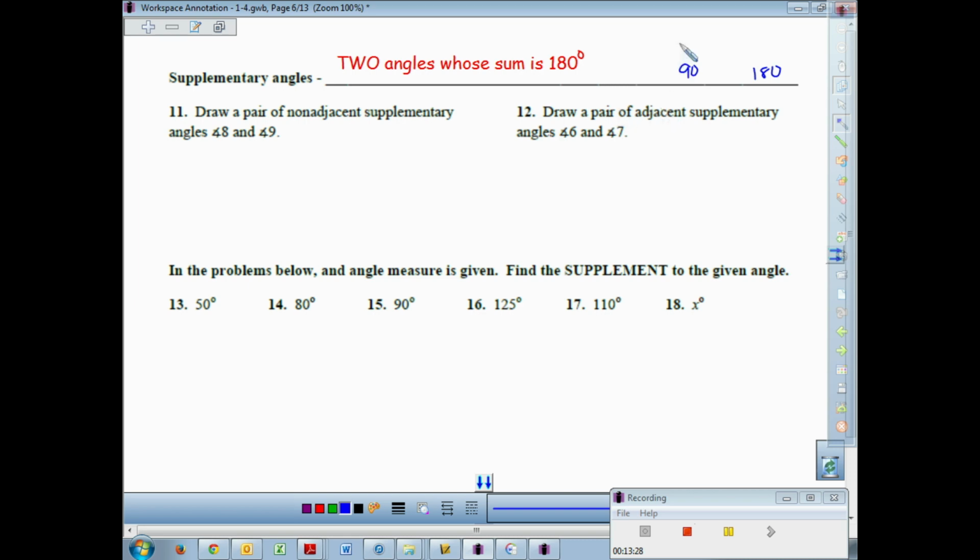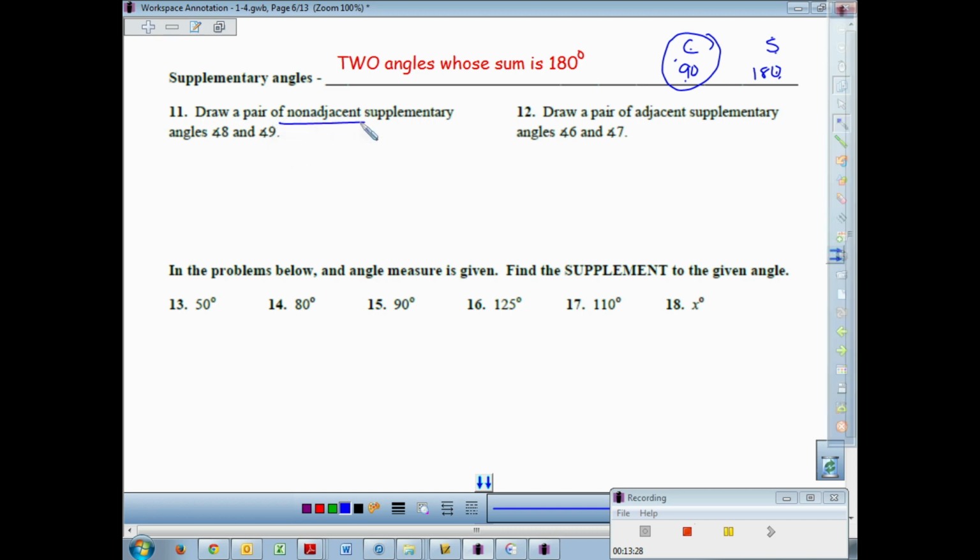They match up. Complementary goes with 90. Supplementary goes with 180. Complementary comes before supplementary in alphabetical order. 90 comes before 180 in numerical order. So complementary and 90 come first. They go together. Supplementary and 180 go second. They go together. Does that kind of make sense to you?